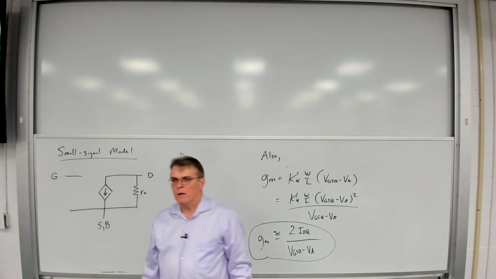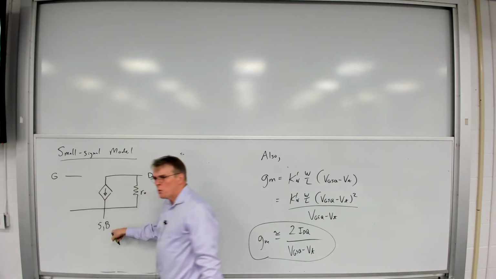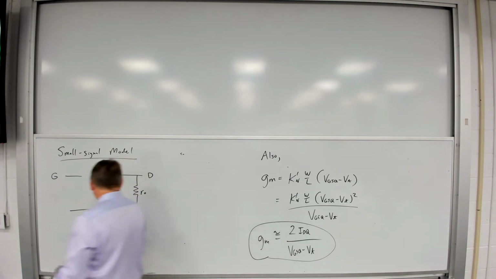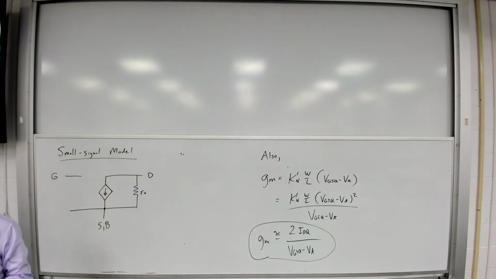Here's our small signal model for our MOSFET. Gate, drain, source, and bulk terminal. And here are the two elements that I'm going to plug those two small signal parameter equations I just derived.